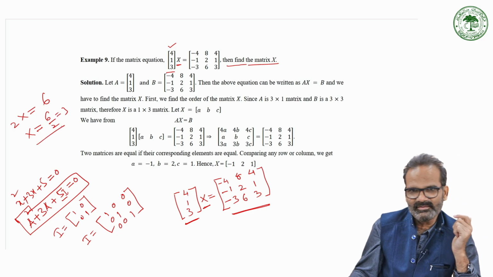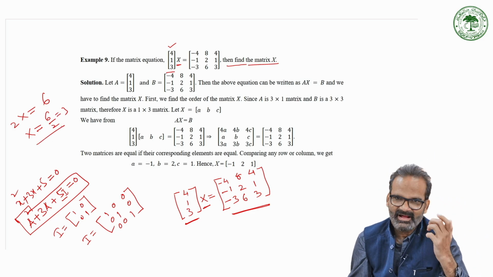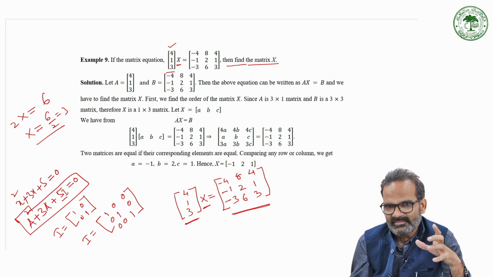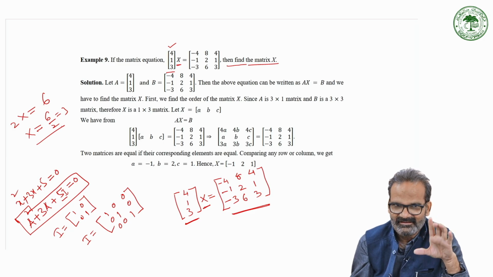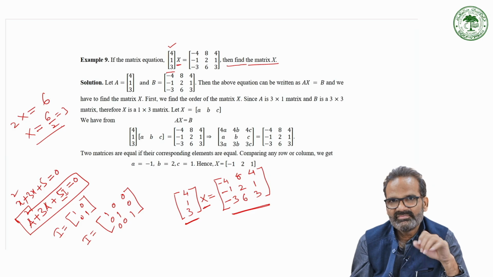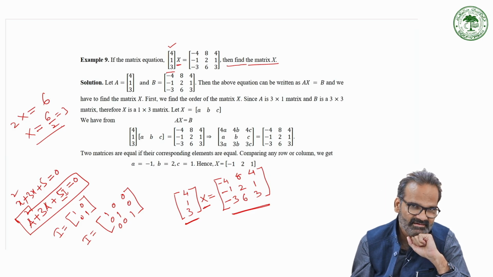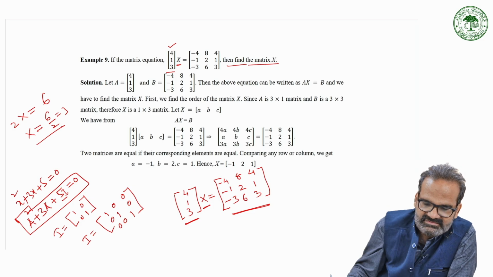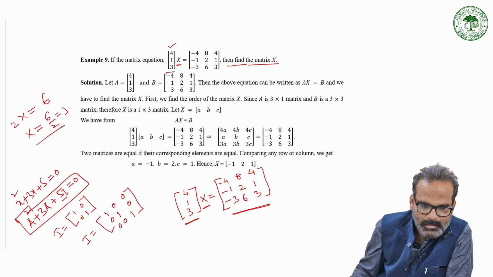We did that in the case of numbers. But I told you in the very beginning, matrices behave like numbers, but they don't follow the law of division. The law of division is valid in case of numbers, but not valid in case of matrices. So we have to find out the matrix X.